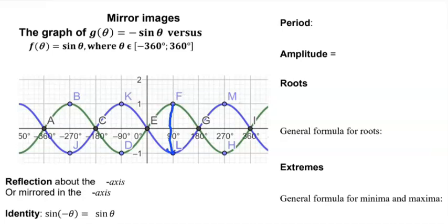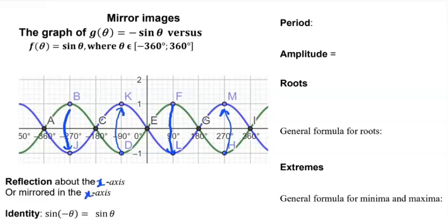And if I take a value of -1 here, it will give me a function value of +1 there. If I take this -1 and swap it, it becomes +1, and if I take that one, it becomes -1. So in this case, it's a reflection about the x-axis, or it's mirrored in the x-axis.